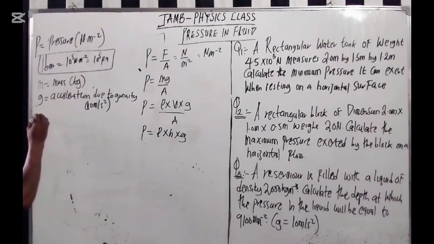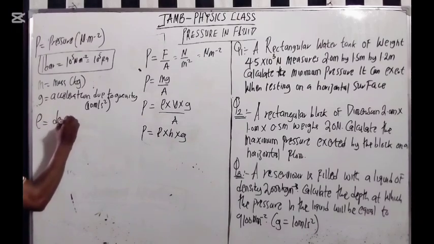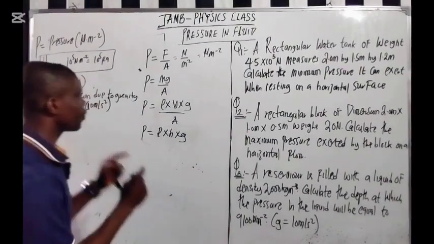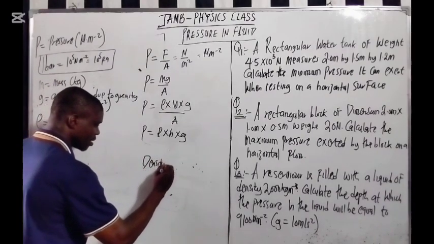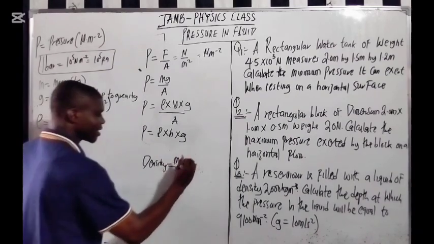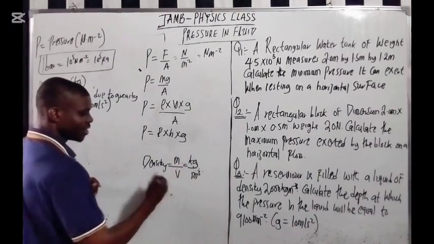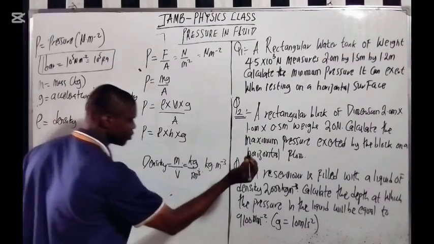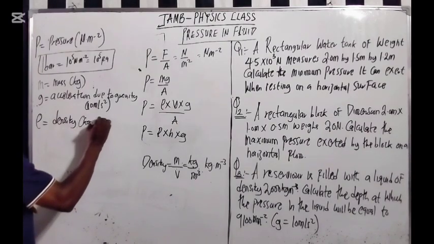This one you have seen here is density. Density is equal to mass over volume. The mass is in kg, the volume is in meter cube. So the unit of density is kg per meter cube.